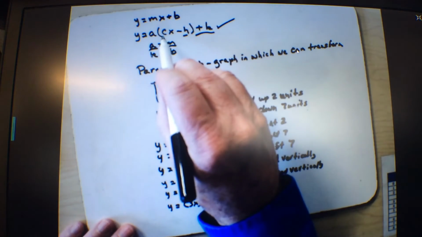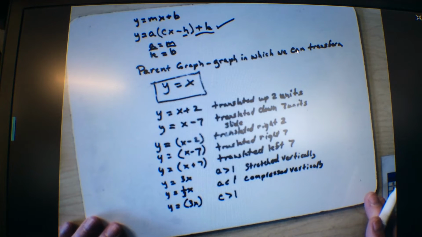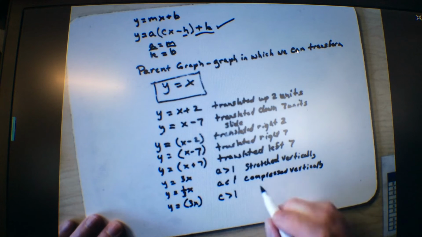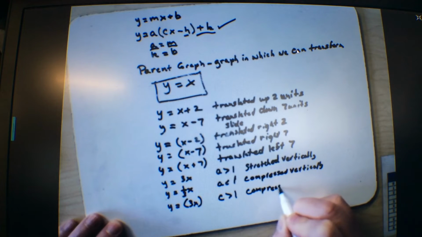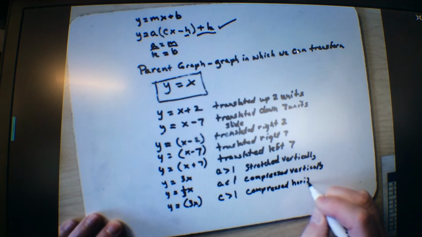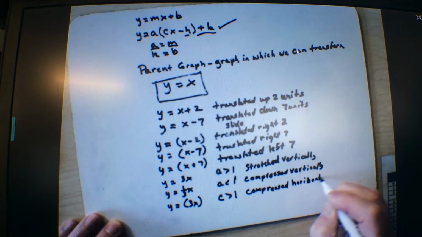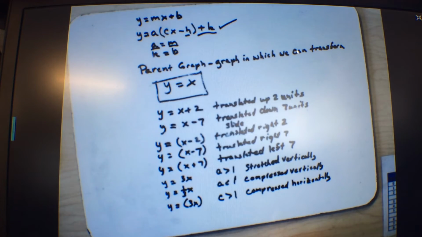Remember, we changed the letter to c on the inside. C is greater than 1. All right? Be careful here, watch this, compressed horizontally.